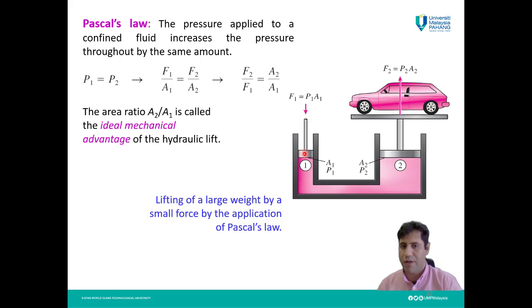A small force is required here to produce more force here. So the area ratio A2 to A1 is called the ideal mechanical advantage of the hydraulic lift. We use this principle for the hydraulic lift in many workshops nowadays, where we use a small force to lift large weights.